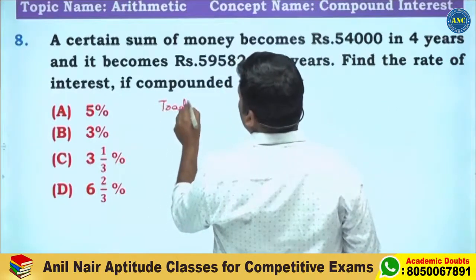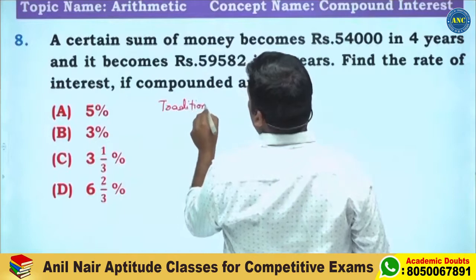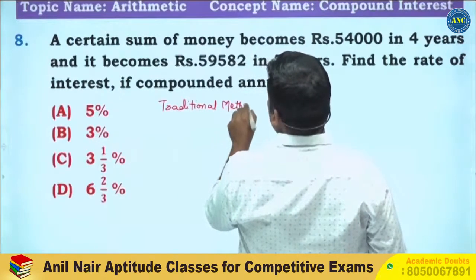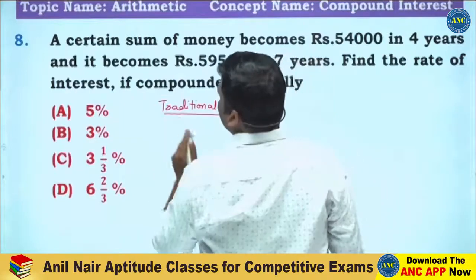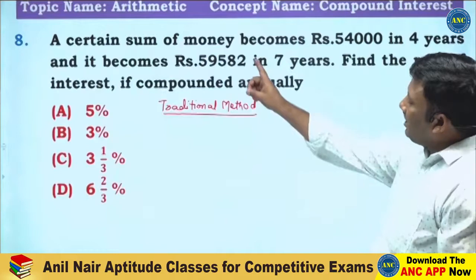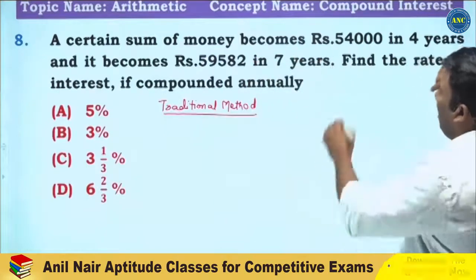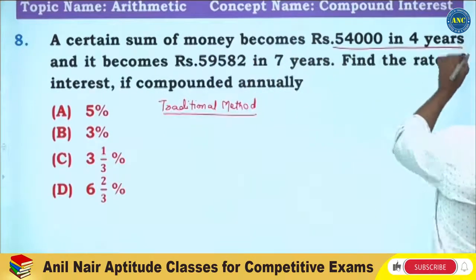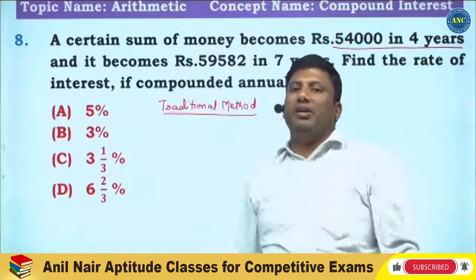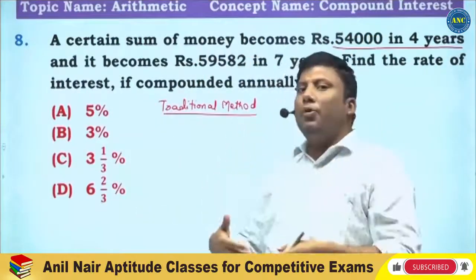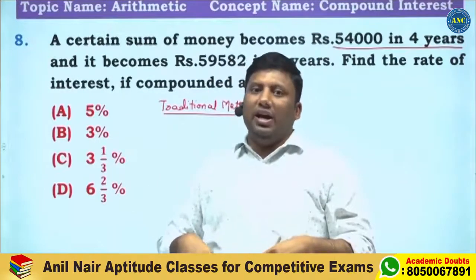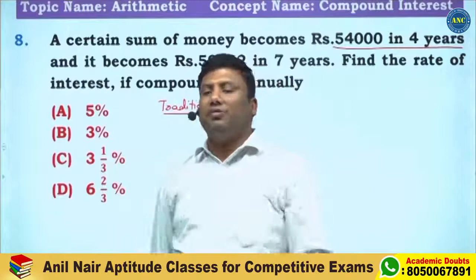Traditional method. How students will solve this problem. First we will see, a certain sum of money is becoming 54,000 after 4 years. In compound interest problems, the amount at the end of a year becomes the principal for the next year.